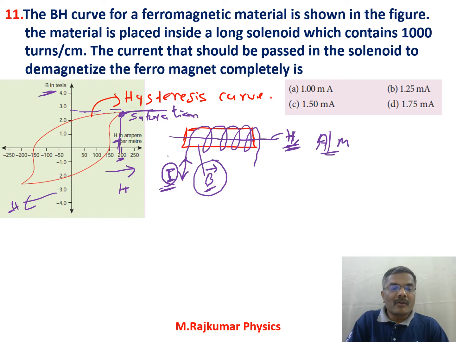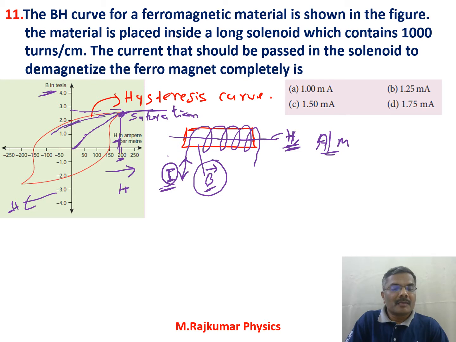Now if I want to demagnetize it, if I reverse the current in this solenoid, this H will come in the opposite direction, but the demagnetization will not reach the origin. Initially while I was magnetizing, this curve started from 0 and reached this saturation point. When I reverse it, it will not follow the same path, but it will follow this path.